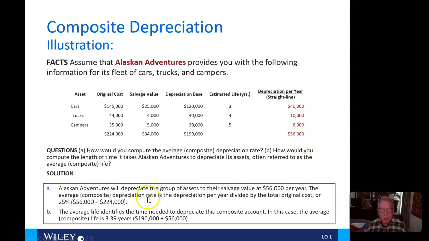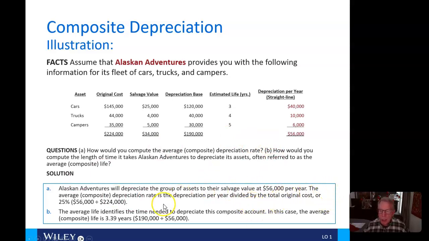So how would you compute the average composite depreciation rate? How would you compute the length of time it takes Alaska Adventures to depreciate its assets, often referred to as the average or composite life? Well, under the first question, part A here, Alaska Adventures will depreciate the group of assets to their salvage value at $56,000 per year.